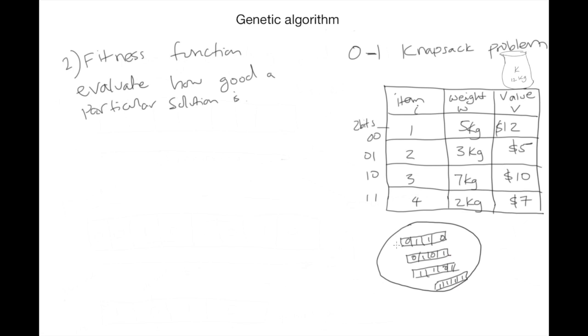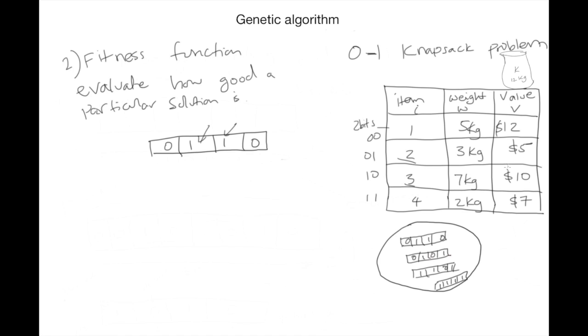So let's take the first one, which is encoded as such: 0, 1, 1, 0. This simply means that the knapsack has the second and third item in it.